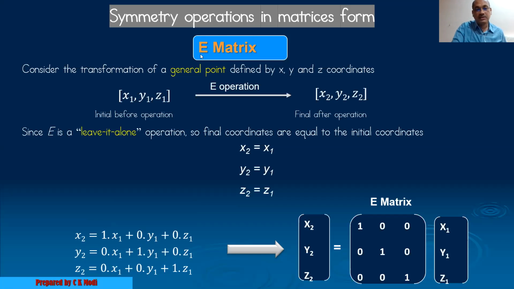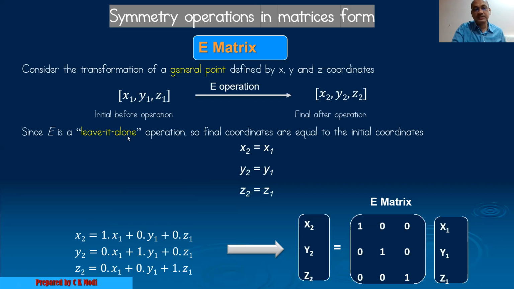Now the E matrix. Suppose we have to derive the E matrix. Consider the transformation of a general point defined by x, y, and z coordinates. These are the 3 coordinates x1, y1, and z1 initially, before the operation. If I perform the E operation, we get the final coordinates x2, y2, and z2.